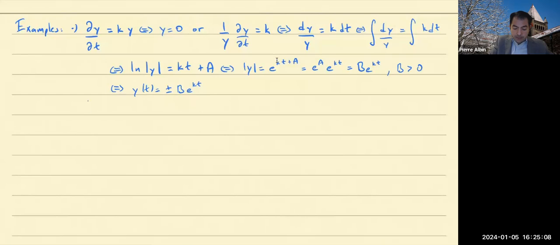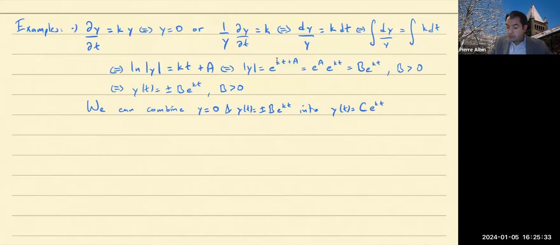So we can combine these solutions, y equal to 0 and y of t equal to plus minus b e to the kt, into y of t is equal to c e to the kt, with now c arbitrary. So it could be positive, it could be negative, it could be 0. And that is the general solution to this equation.